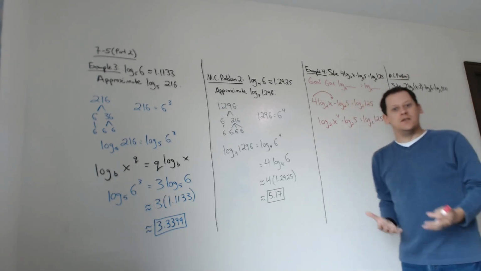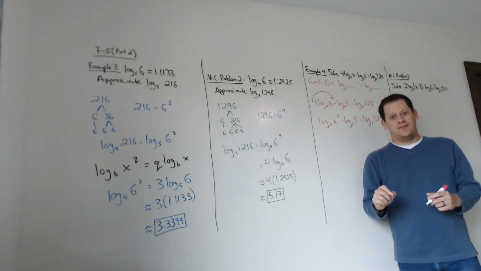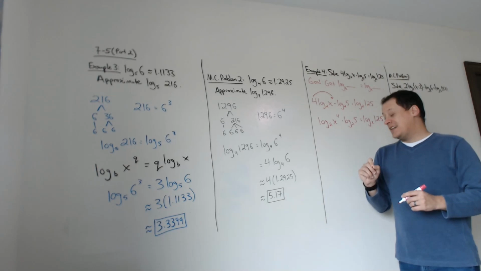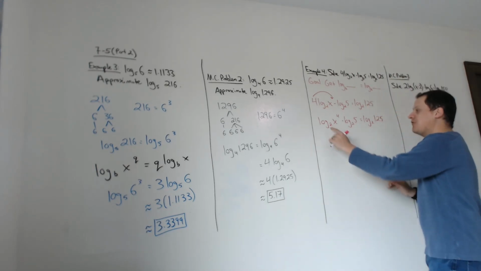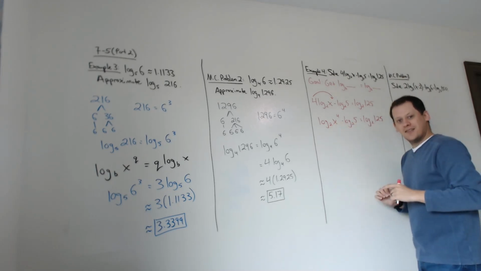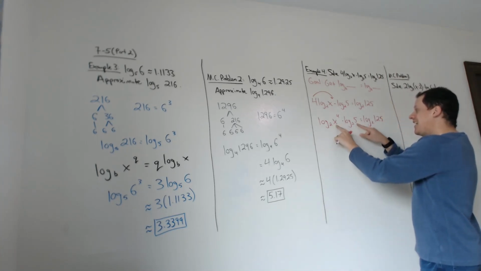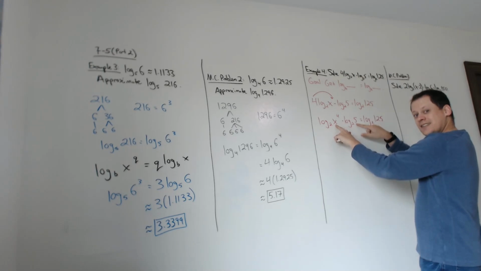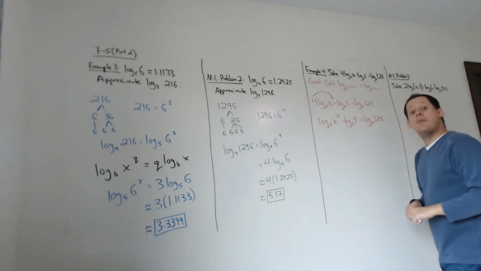So what can we do to turn 2 logs into 1? You may remember in a prior video, if we've got the log of something minus the log of something else, that means we can take these two things and divide. Again, we're going backwards.